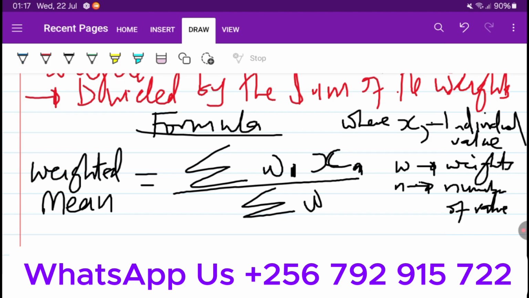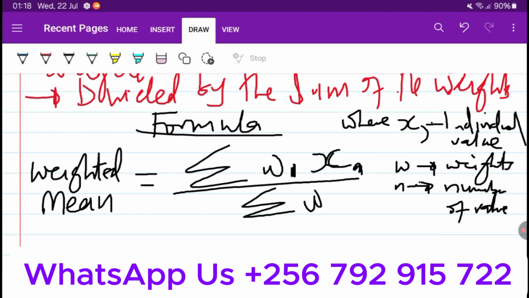But the moment we have different weights, the weighted mean will be different from the mean, because these weights have a differing effect on the average of the distribution.